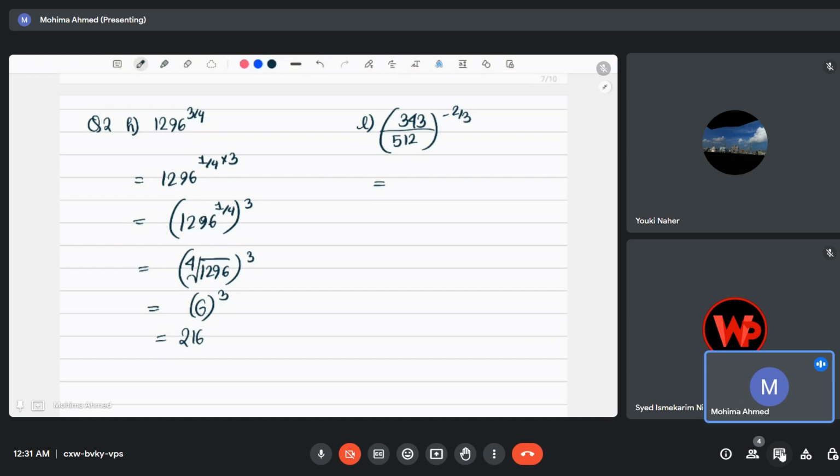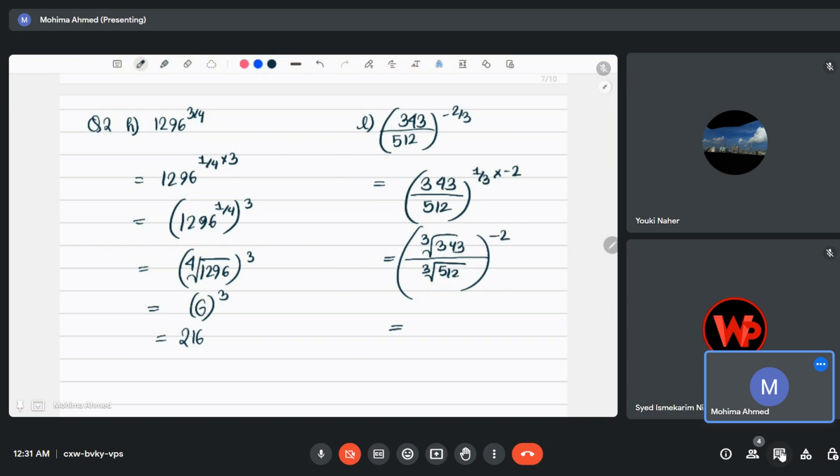Now, 2 over 3 indicates a power of 1 by 3 and again a square. So we can keep this as a fraction and simplify the powers first. I'm keeping the 1 by 3 with minus 2, which is the cube root of 343 divided by the cube root of 512, with a power of minus 2.